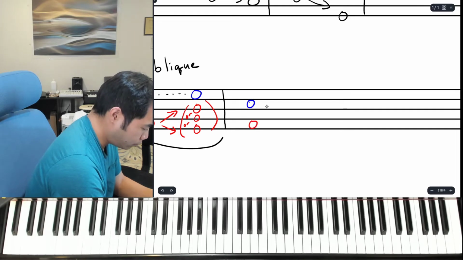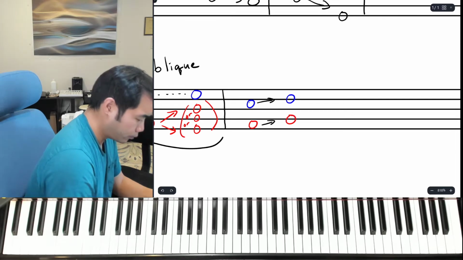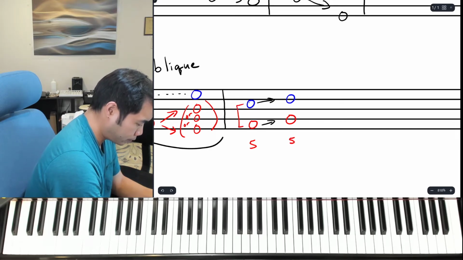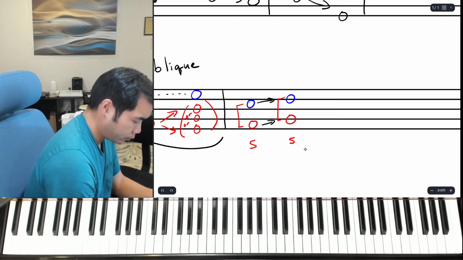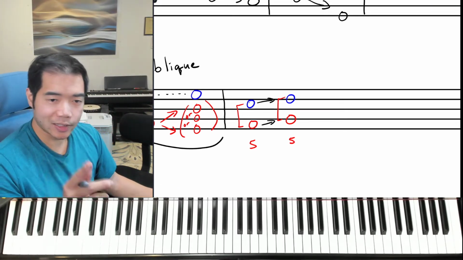Well, the voices could move in the same direction. So let's say the top voice and the bottom voice both move by a step. Okay? So the interval here is a fifth. The interval here is a fifth. So the interval has not changed because they've moved in the same direction by the same interval.